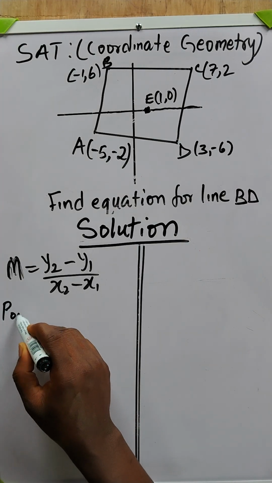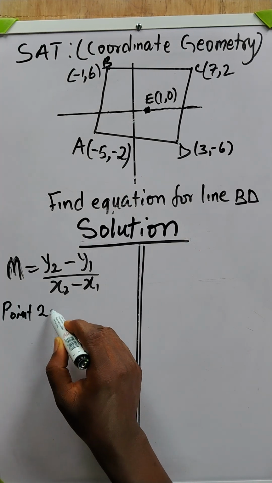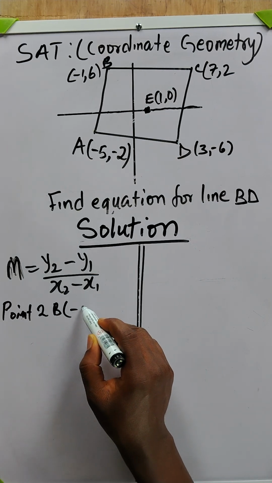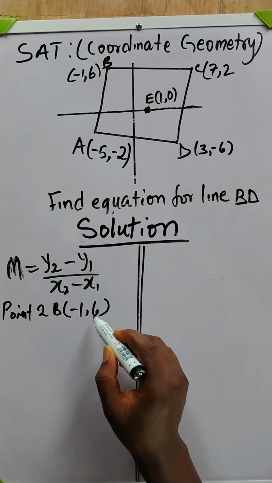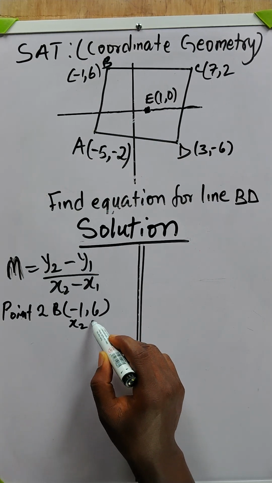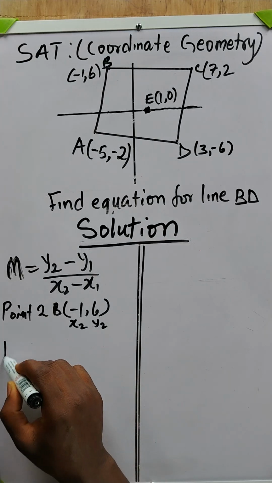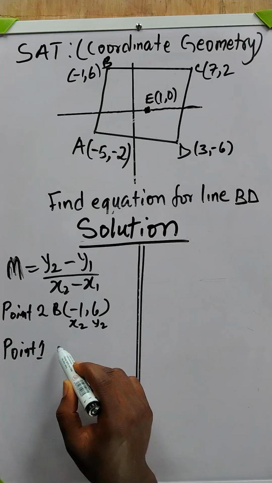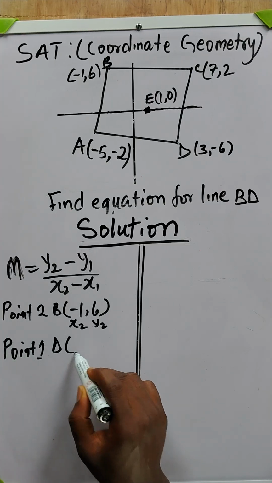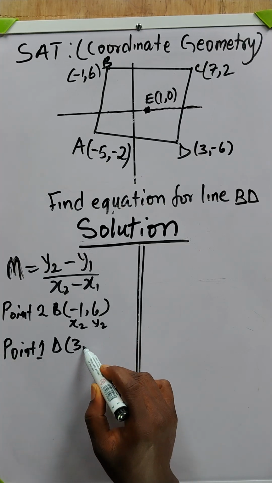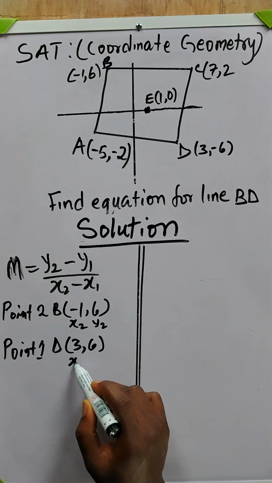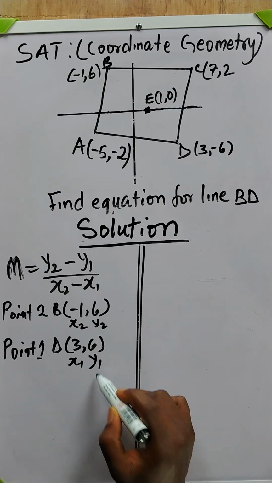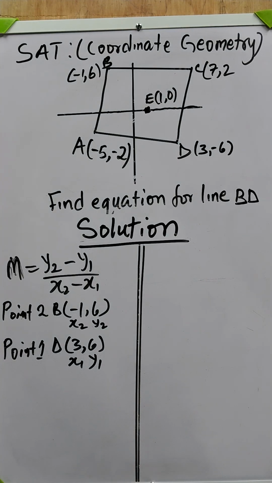Let point 2 be B, and B is (-1, 6), so this is x2 and this is y2, and my point 1 will be D, and point D is (3, -6), so this is my x1 and this is my y1.